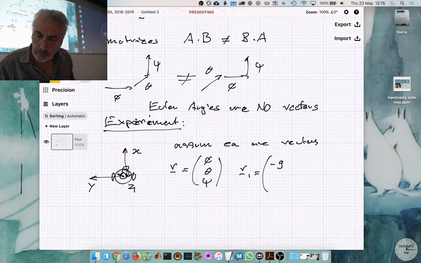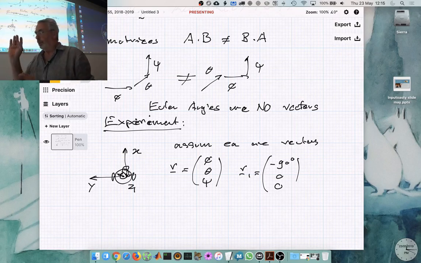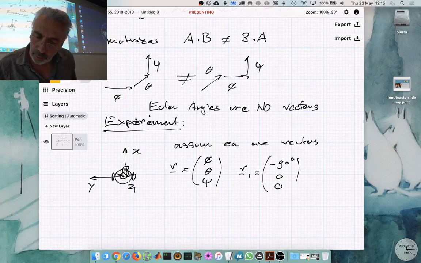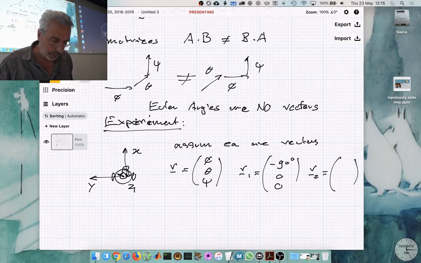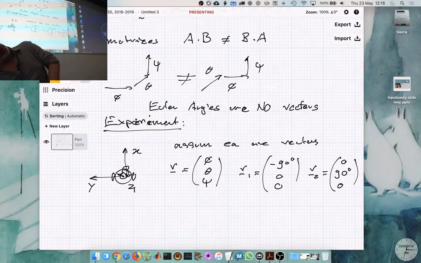Minus 90, and everything is in degrees here, 0, 0. So a very simple rotation about the z-axis, minus 90 degrees. And then the second rotation is 90 degrees, 0. So if this is your x-axis, then 90 degrees is like this, right?